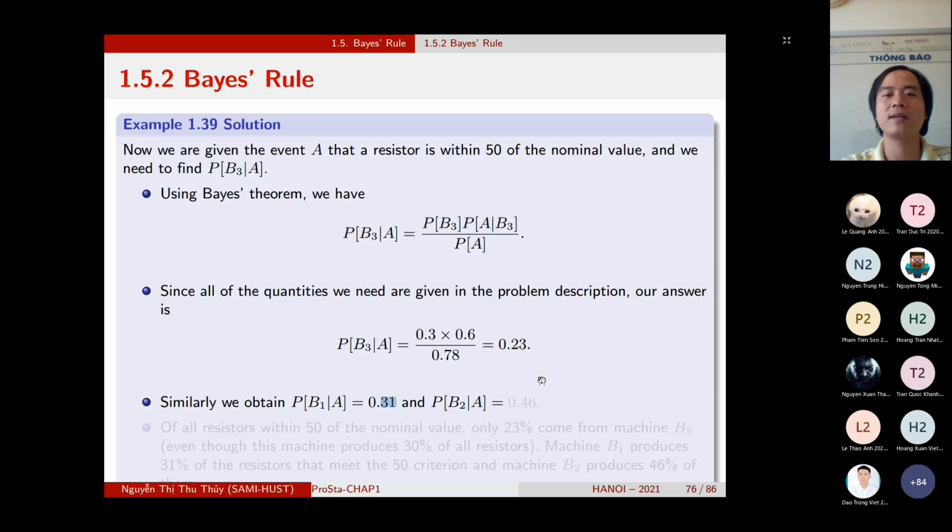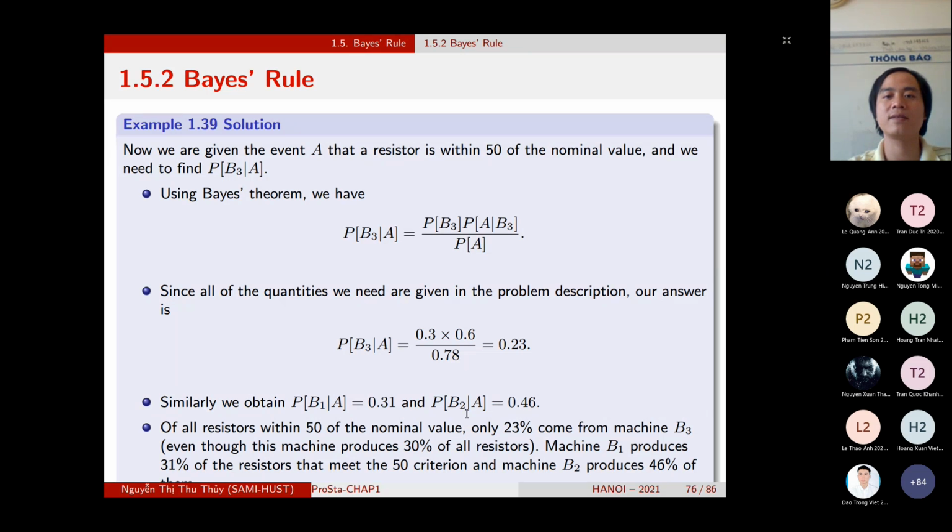For machine 2, at the beginning it is 40%. At the beginning we have 30%, 40%, and 30%, but now you have 31%, 46%, and 23%. This increases a little, this increases a little, but this one decreases.